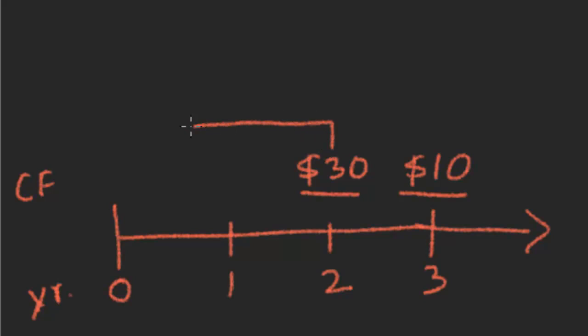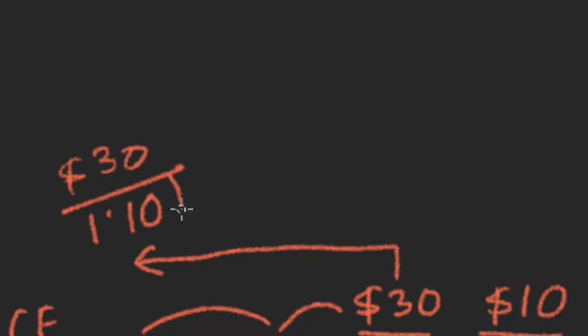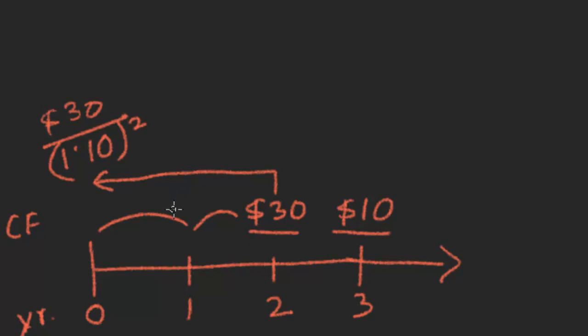We go for the discounting process, and we can see here that we have to discount for 1 year plus 1 year, 2 years. So the present value of this 30 will be $30 over 1.10 to the power 2, because we are calculating the present value of a future cash flow which is 2 years away from the present.